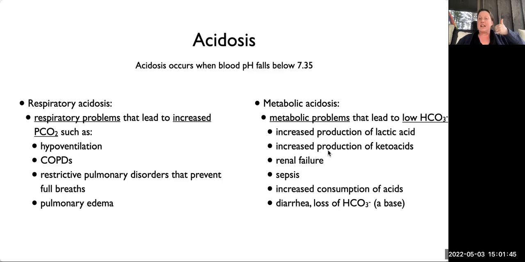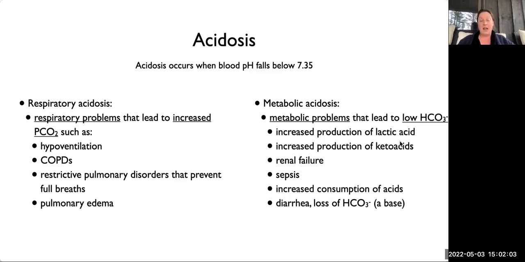Anyone that is dealing with starvation or diabetes where we can't get the sugar into the cells to use to make energy. What the body relies on then is other fuel sources, and it produces keto acids.